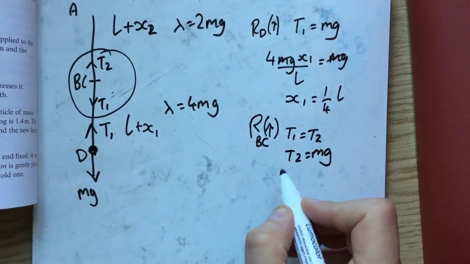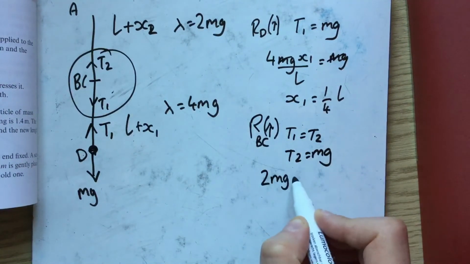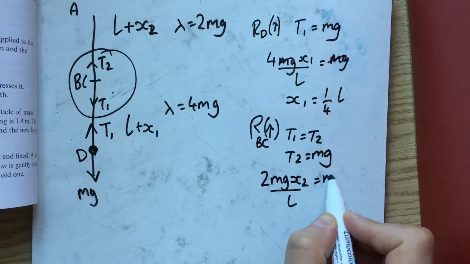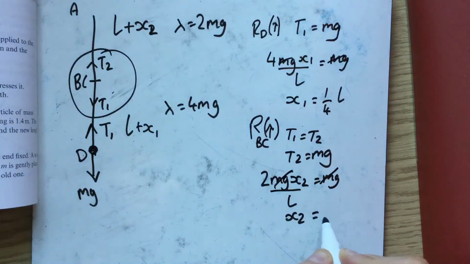So I can get a similar equation. This time my lambda is 2mg, so 2mg x2 over L is equal to mg. The mg's cancel, so I end up with x2 equal to a half times my L.